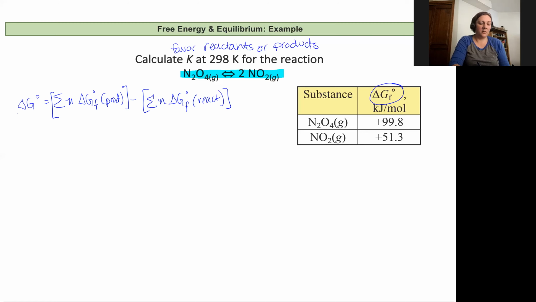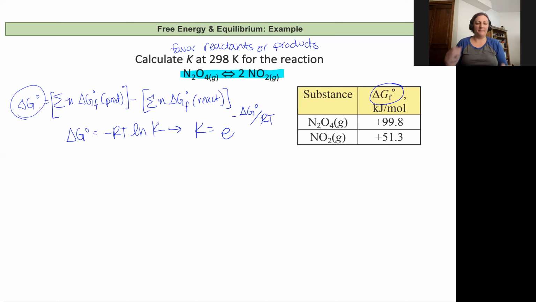That can get us to our standard free energy, and then we can use that to calculate our K value, because that standard free energy will be equal to negative RT natural log of K. And we can use the rearranged version where K is equal to e to the negative standard free energy divided by RT.